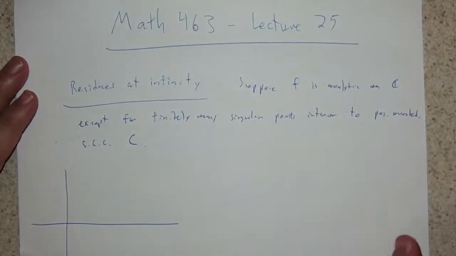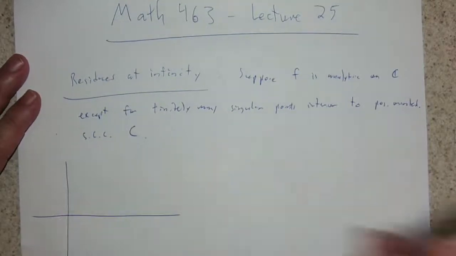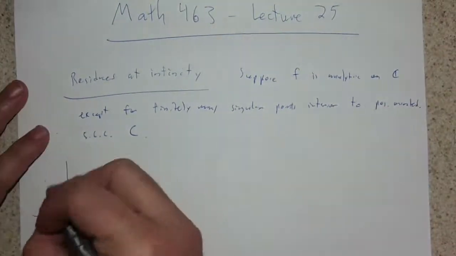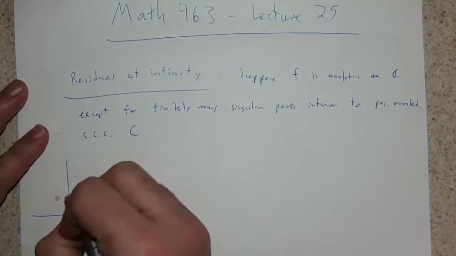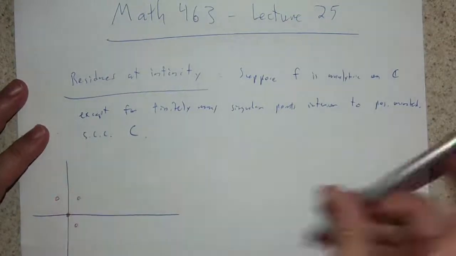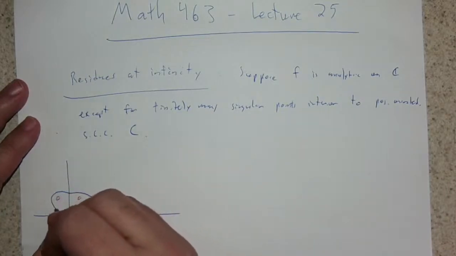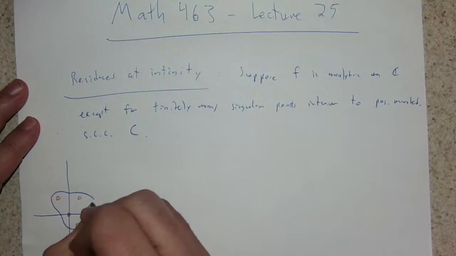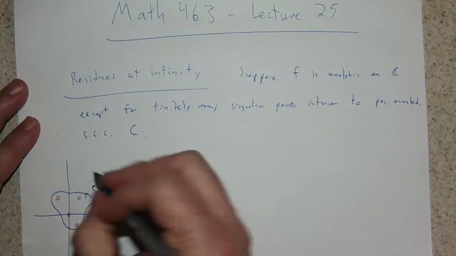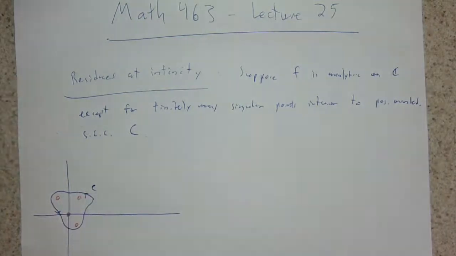Let's say that I have an f, and here are some finitely many singular points. There we go. And here is my C, positively oriented. And I have an f that is analytic on the entire plane except at these singular points that are interior to this contour C.